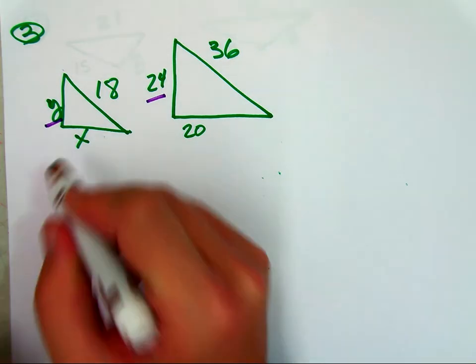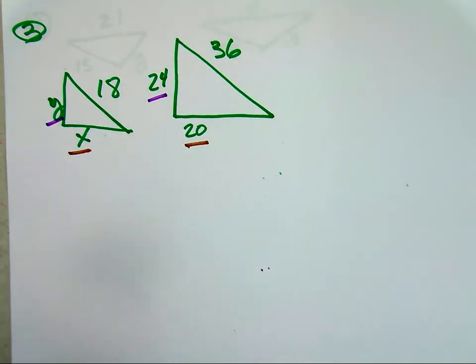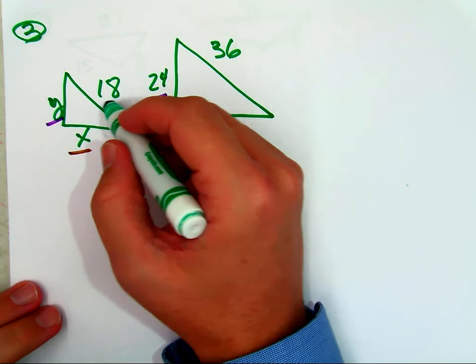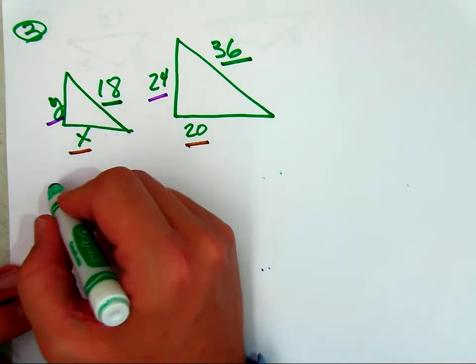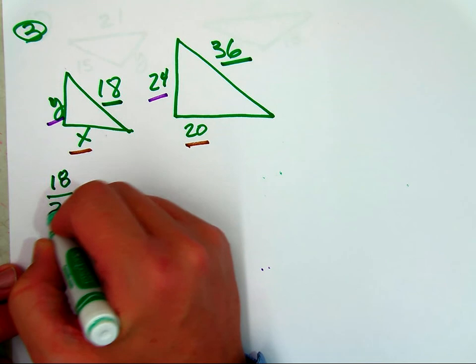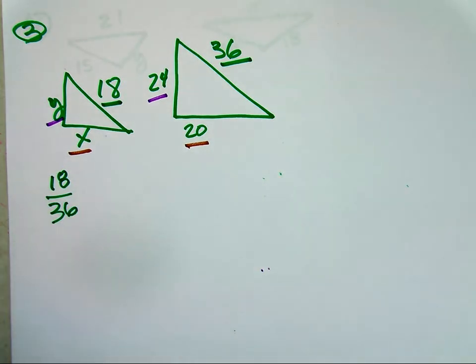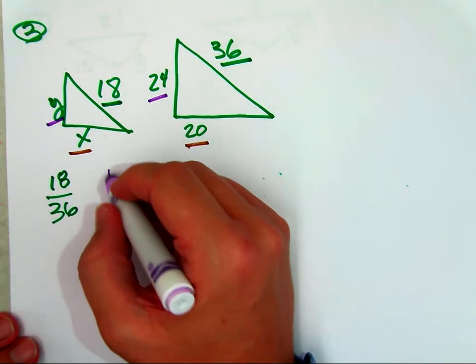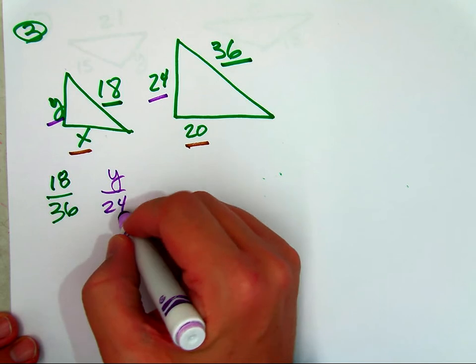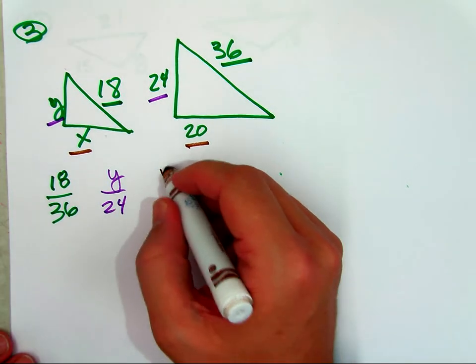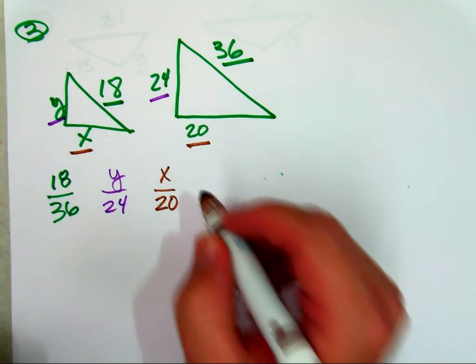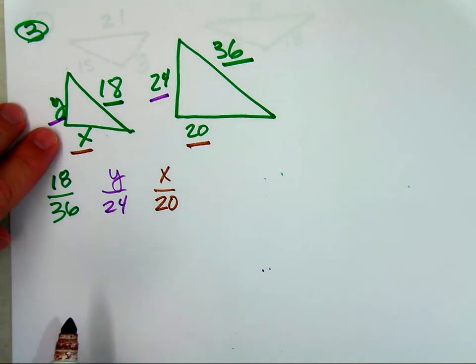The x goes with the 20. The 18 goes with the 36. So all of my ratios are 18 over 36, y over 24, and x over 20.